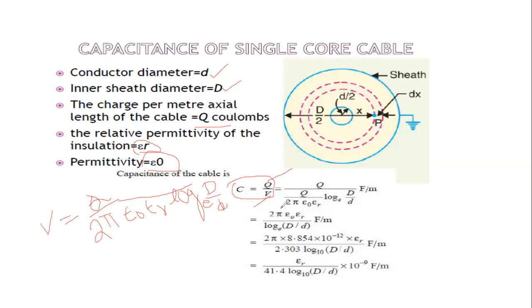Q gets cancelled, so C is equal to 2 pi epsilon naught epsilon R by log e D by d farads per meter, where epsilon naught is a constant value. The absolute permittivity for any material is 8.854 into 10 power minus 12.